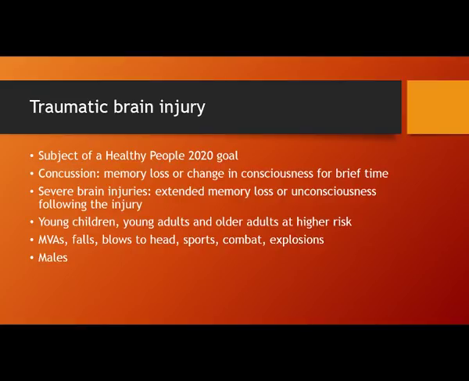Young adults in the 18 to 22 age group, those ones also take risks and do all kinds of things. And then older adults, particularly from falls. The risks are going to be different depending on which age group you're in, but those three age groups are all at higher risk.